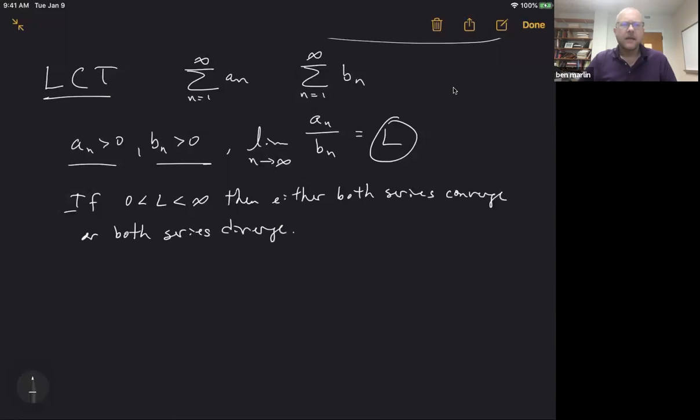If you're thinking of this in a more intuitive sense and you know a little bit about growth rates, when that limit turns out to be positive and finite, that means that the two series essentially have the same growth rate, okay?